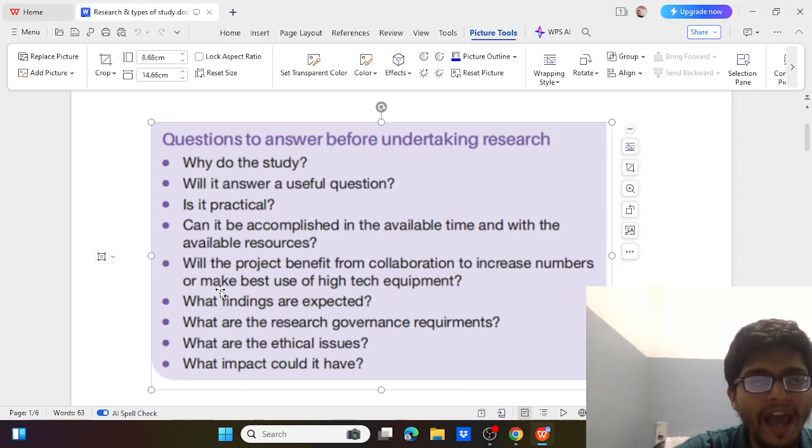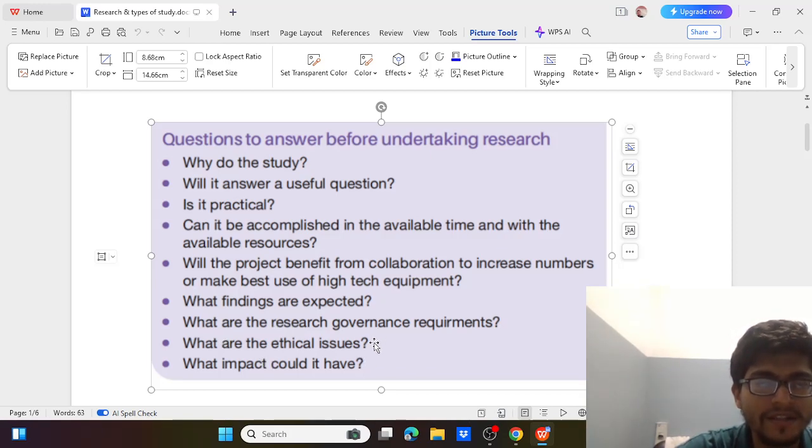Then we should have a rough expectation in mind of what our finding could be, like will the research question give us a positive outcome, a negative outcome or a mixed outcome. Next is, what are the research governance requirements? What are the basic requirements for getting an approval from the research governing bodies? Then, what are the ethical issues?